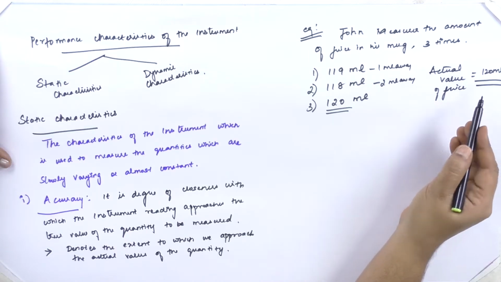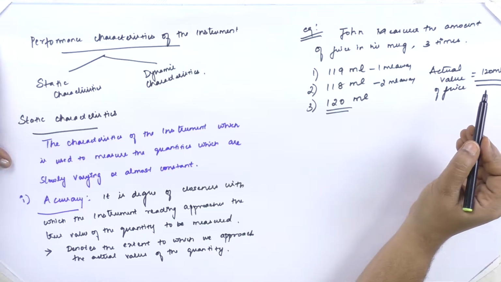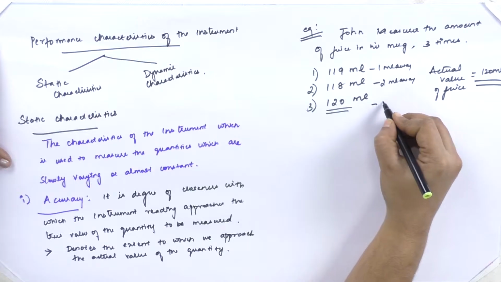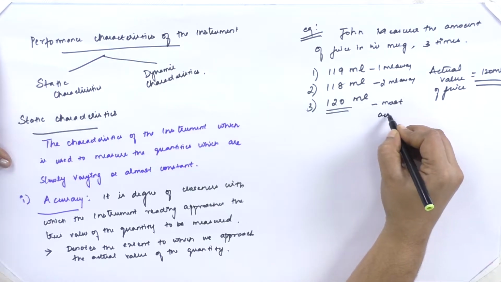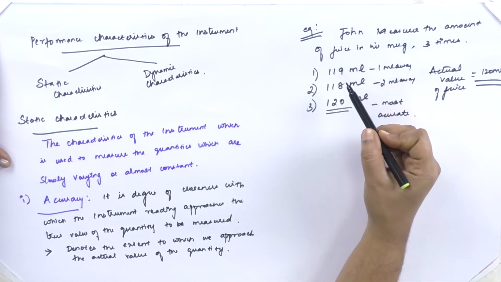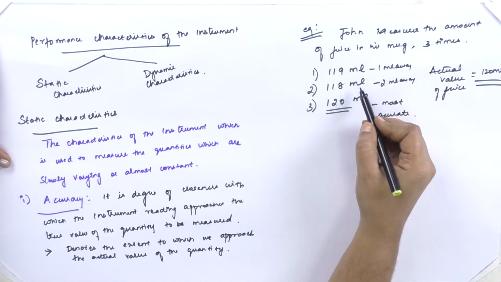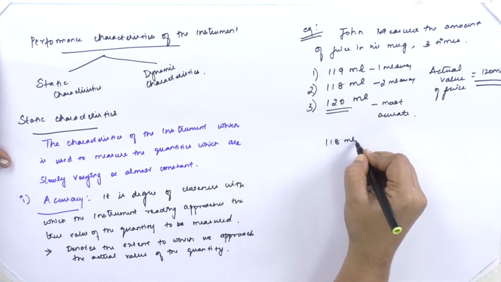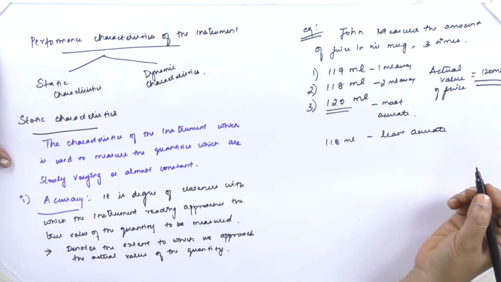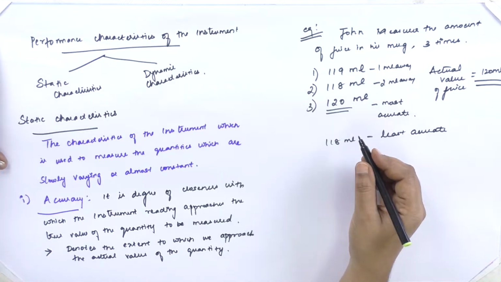So, the closeness with which the instrument reading approaches the true value of the quantity to be measured is called accuracy. So, we can say that 120 ml is the most accurate value of the amount of juice in the mug, and 119 ml and 118 ml are 1 ml and 2 ml away. So, from this we can say that 118 ml is the least accurate value which is measured. This is the example for accuracy.